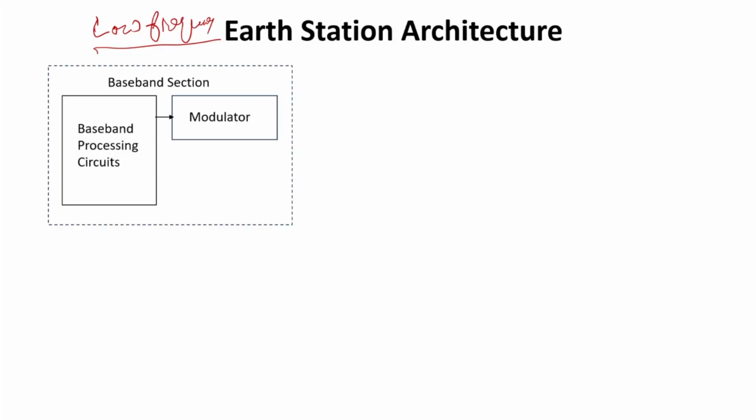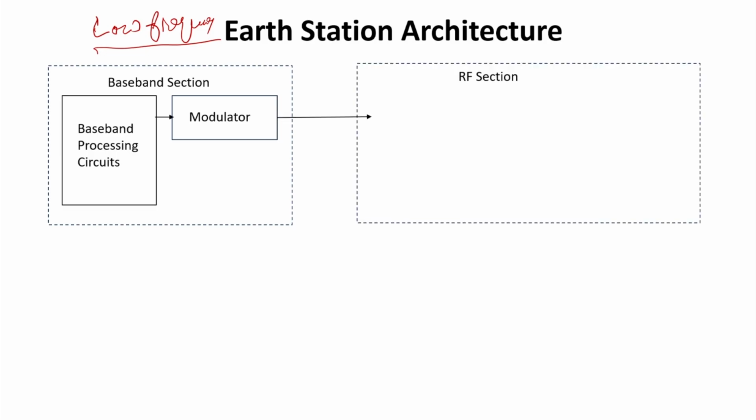So, to separate the different signals, we need modulation. In the earth station, the signals at baseband frequency are converted to intermediate frequency in this modulator, and then sent to the RF section. This is also called the passband section.